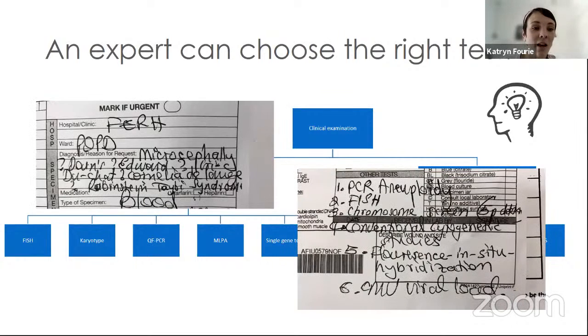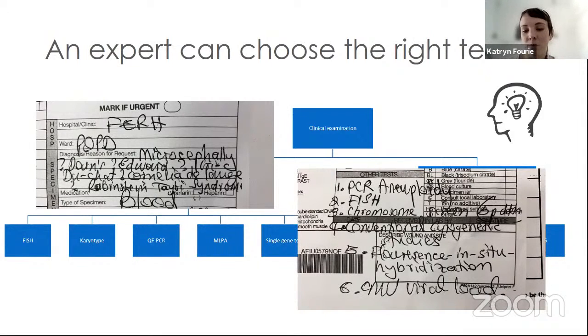This is a request that came through our unit a little while ago. You can see that this doctor has asked for testing of, I think, six different conditions that are in no way clinically related, and asked for six different genetic tests that are in no way actually related. It's not in any way the fault of the requesting doctor.